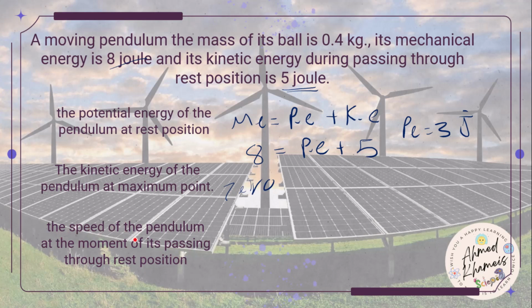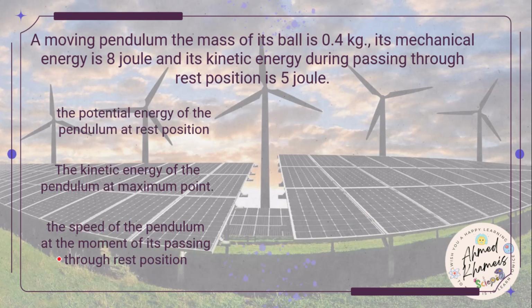The speed of the pendulum at the moment of its passing through the rest position. So kinetic energy equals half mass multiplied by speed square. So V square, or the speed square, will equal the kinetic energy divided by half mass.